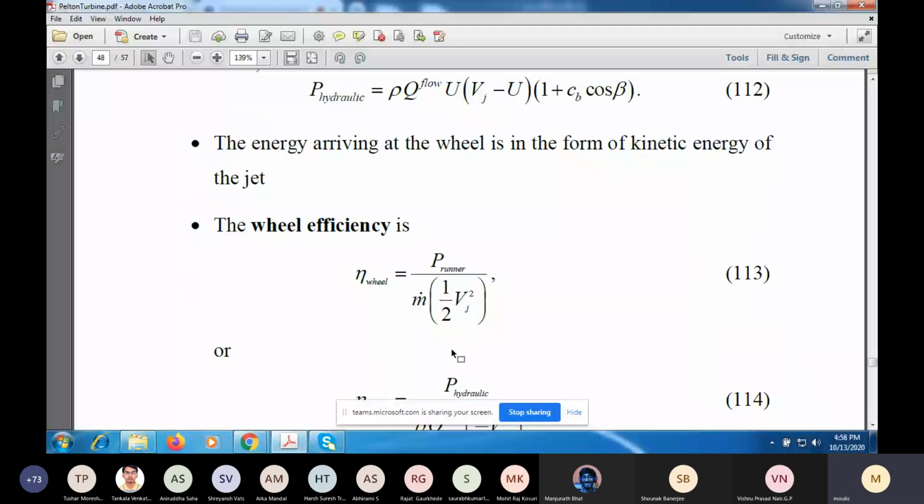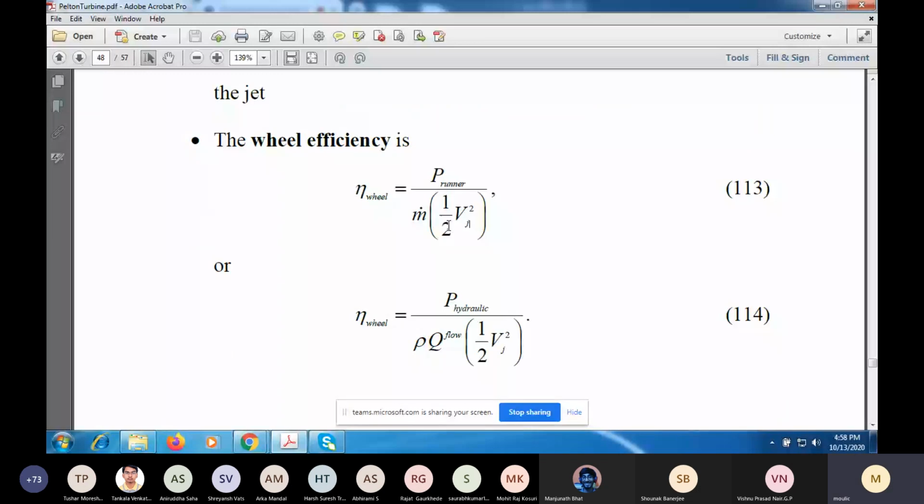And for a well-designed belt and wheel, if I say the fluid is an inviscid fluid, then V2 will be 0, and you will have half Vj square into m dot. Now, instead of P runner, I can put P hydraulic, and instead of m dot, I can put rho Q.